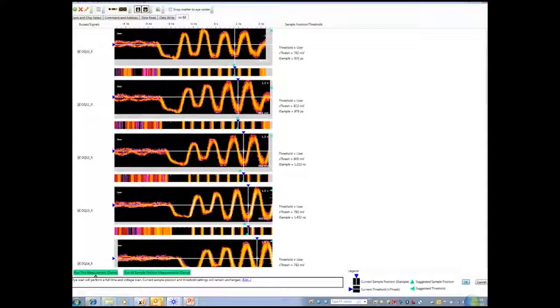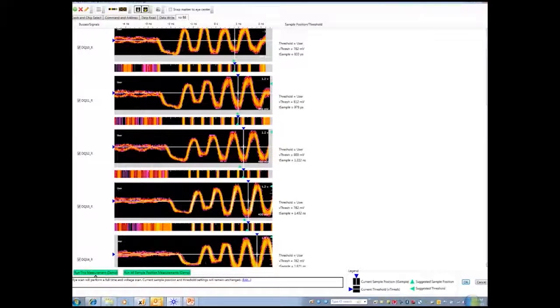Engineers can view the strobes all relative to each other, comparing them to see if they have similar preambles, similar signal swing, and if the signals are behaving as they expect relative to the clock. The clock will be at time 0.